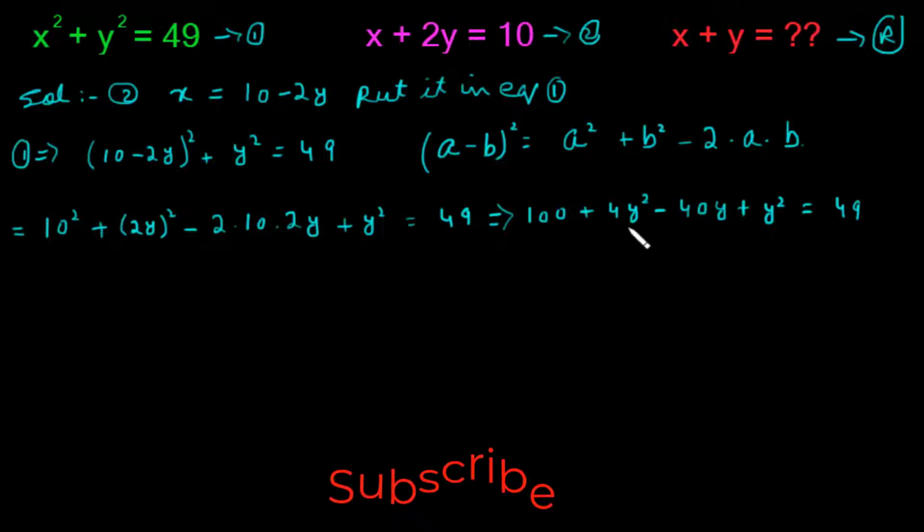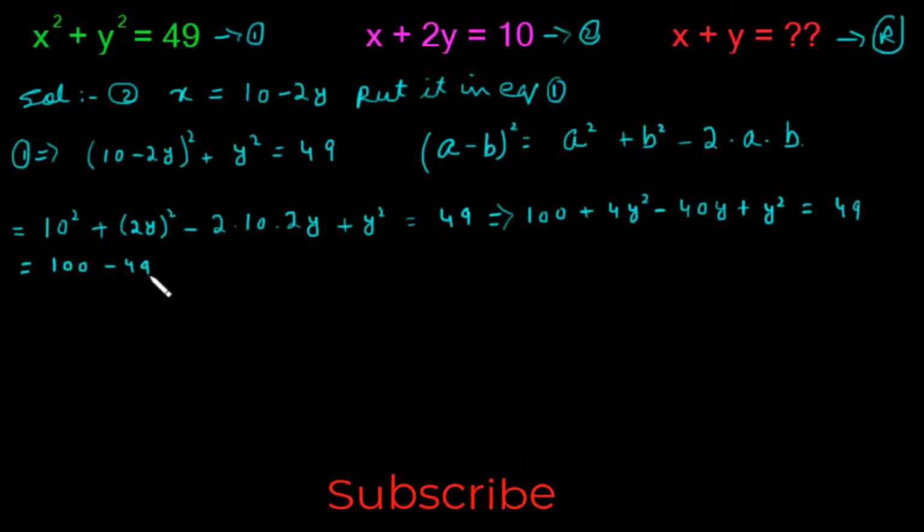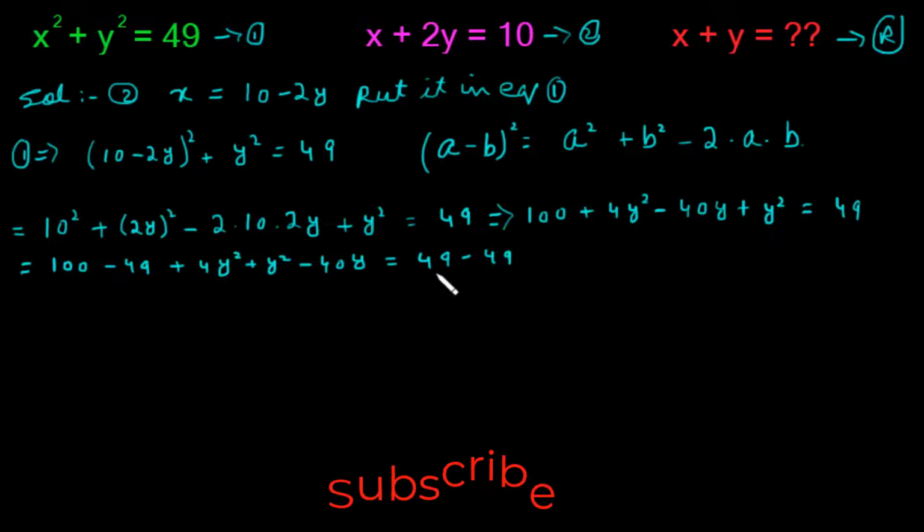So I can write it as 100 minus 49 plus 4y squared plus y squared minus 40y is equal to 49 minus 49. I have subtracted this from this side as well.